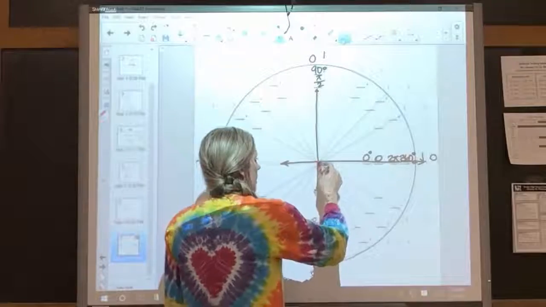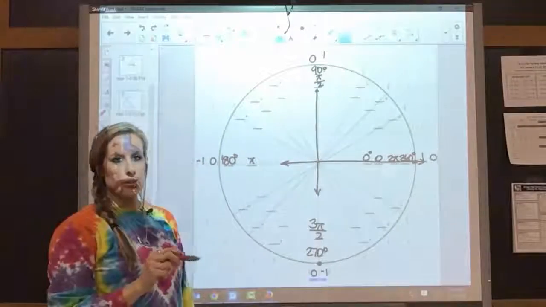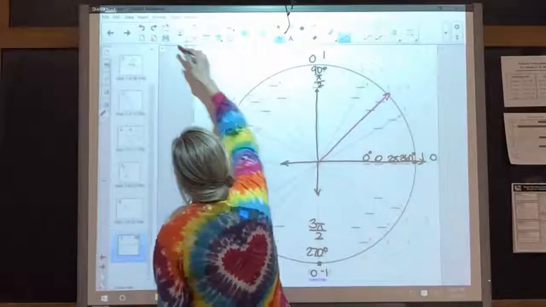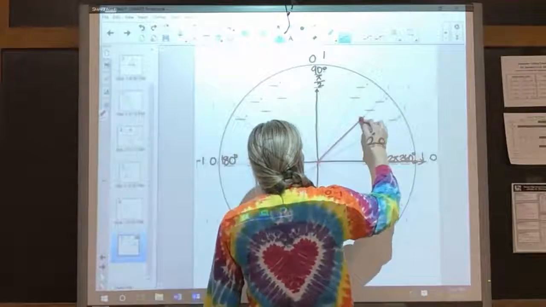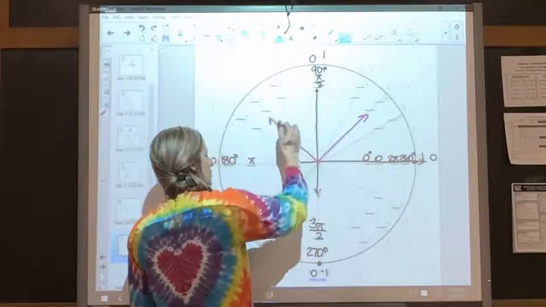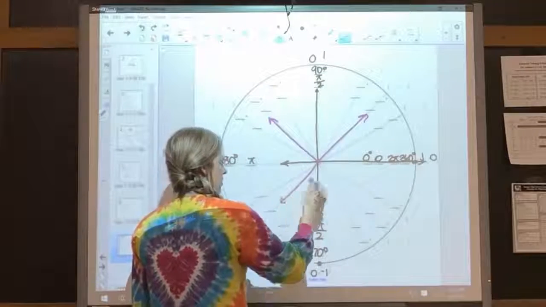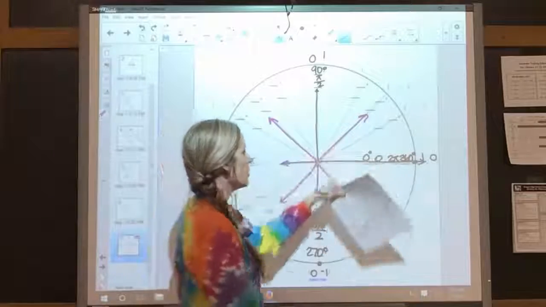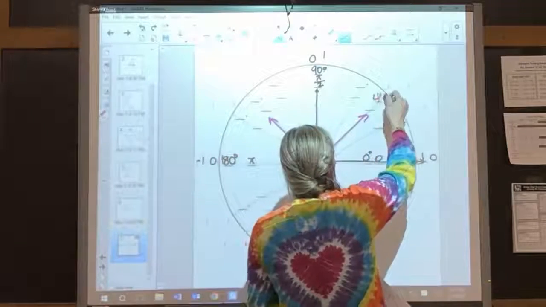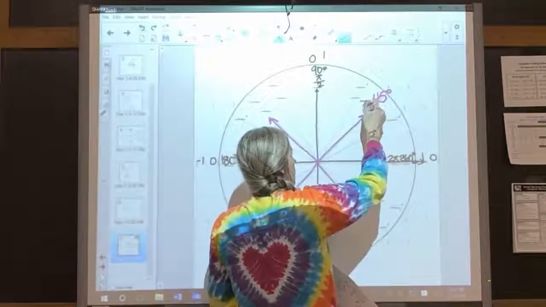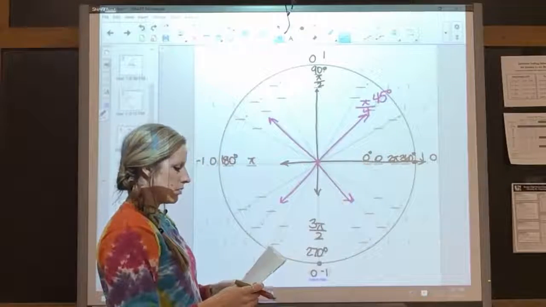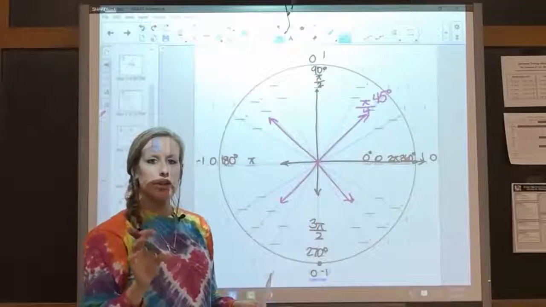All right, the next ones that I like to do are the 45-degree angles, so the ones in the middle. So this first angle would be 45 degrees, or pi over 4. Look back at your chart.